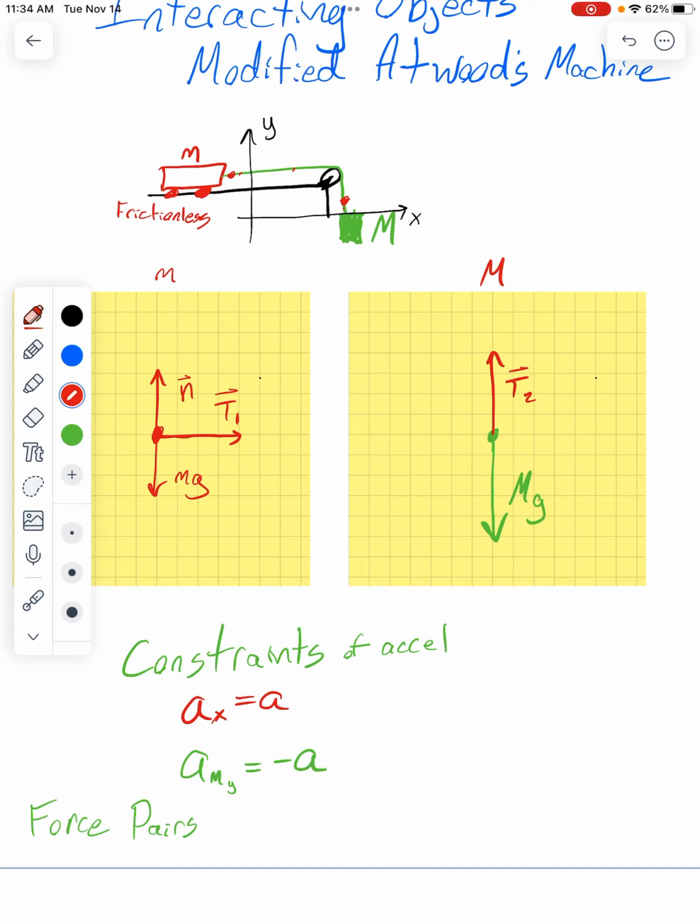So I'm going to call this, what am I going to call this? Call it a little m x.